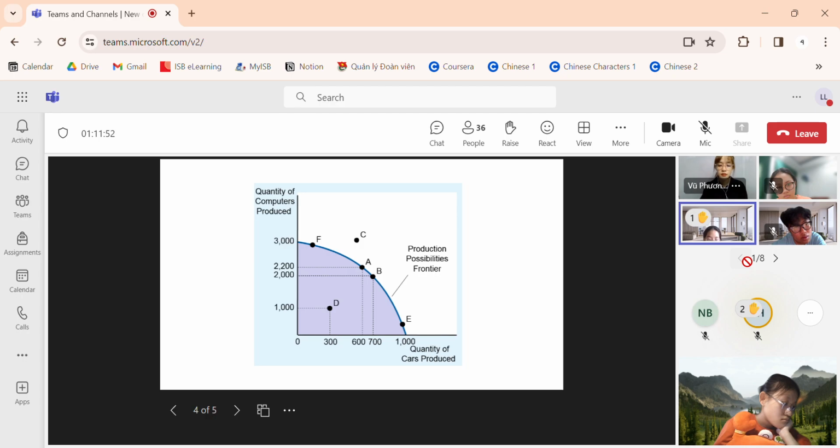They are specialized, so the PPF is bowed. Okay, I can hear your answers. So you just mentioned that the resources are different, right? So that's why the curve has a shape like this. All right, so any other reason?